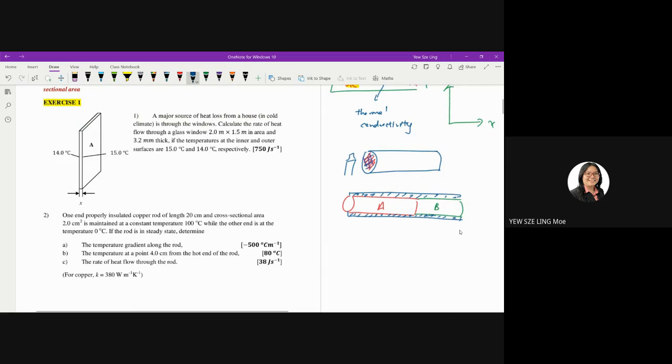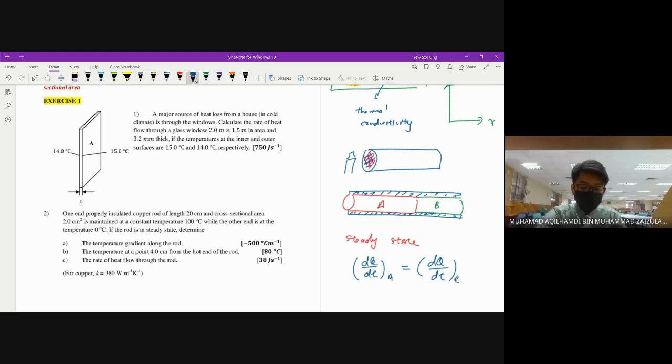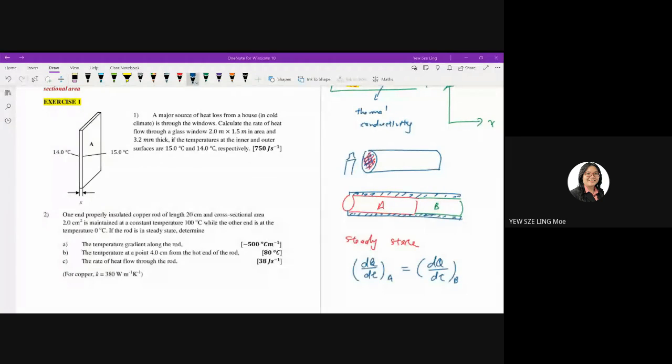So if you have two joined rods wrapped with an insulator, and the question tells you the joined rods are in steady state, then the rate of heat transfer in rod A, dQ/dt in rod A, equals dQ/dt in rod B. So they are the same.